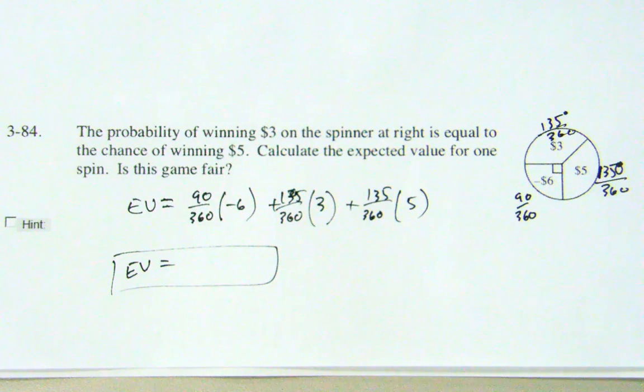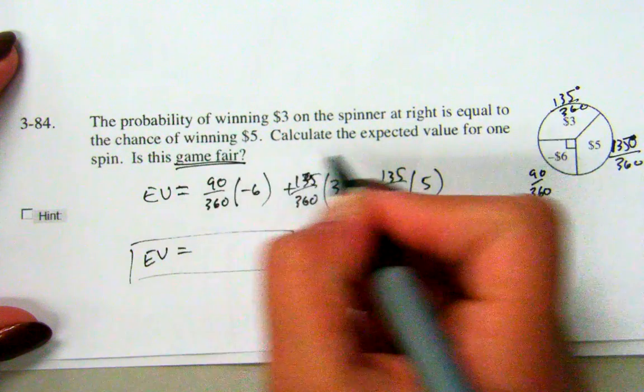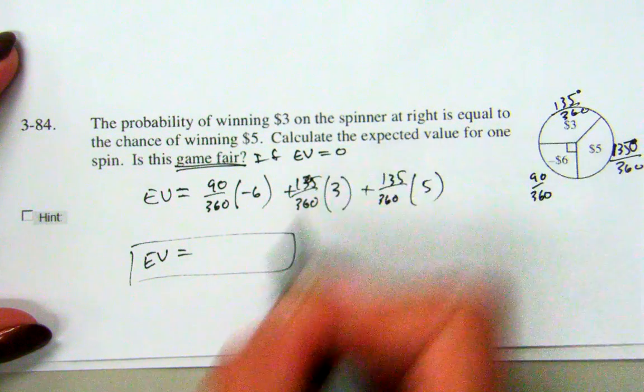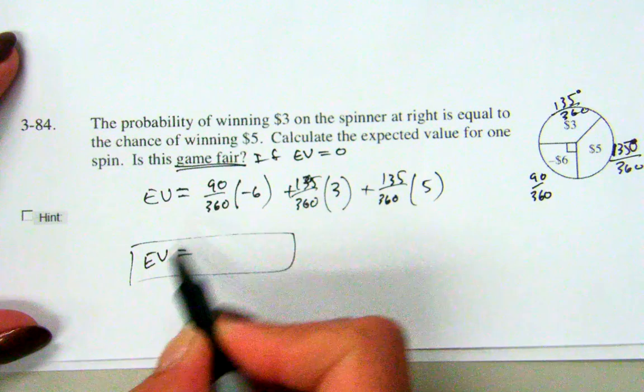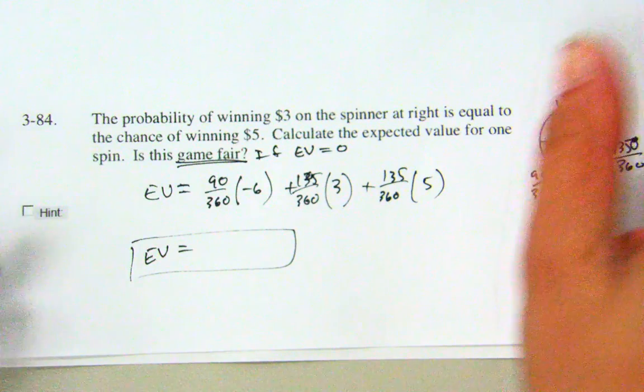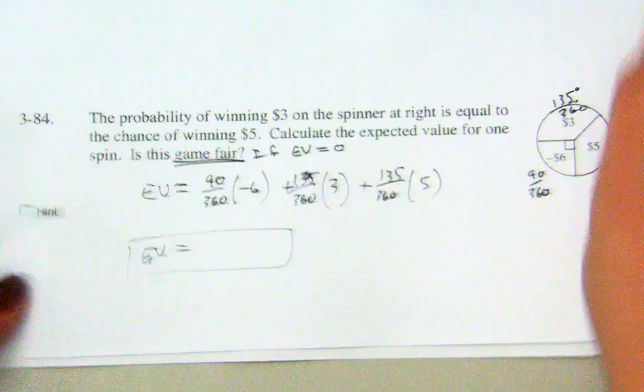And then the question is, is the game fair? The game would be fair if the expected value was equal to 0. So the question is, is your expected value equal to 0? If it is, then your game is fair. Nobody lost anything, nobody won anything. But if it's not, then you have to calculate your losses or your gains.